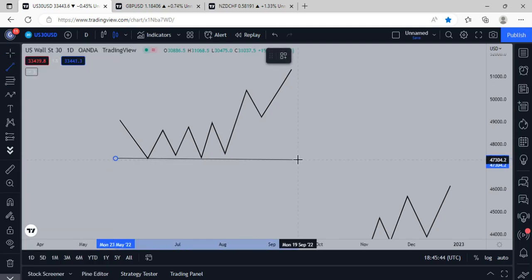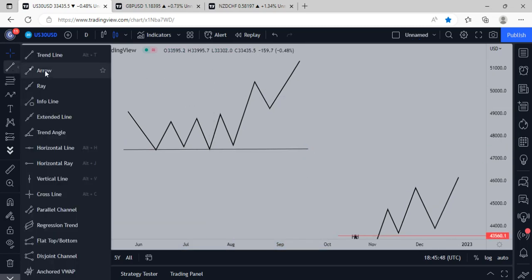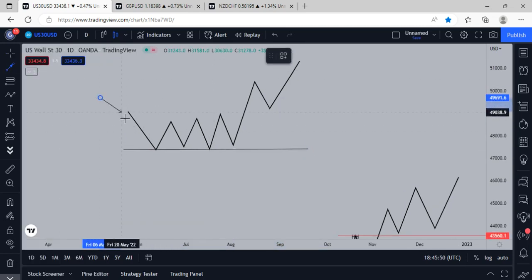This is now an area of support because price had failed to sell through this level. It sold, then rejected, bought, came back again for a sell but rejected, bought, came back again but rejected. This is what we call a support, where price is failing to break through this level to make sells.